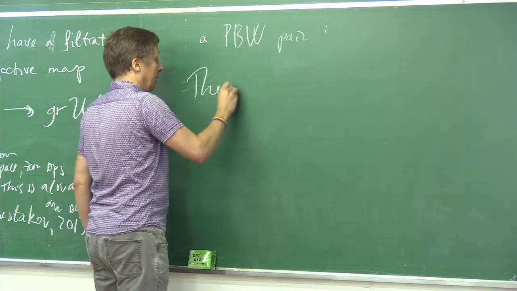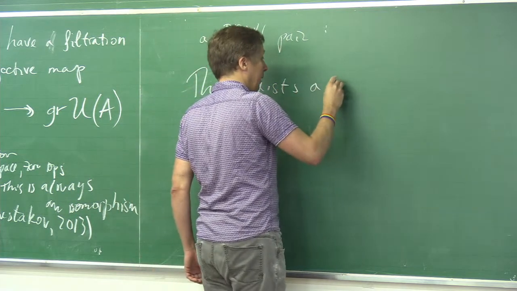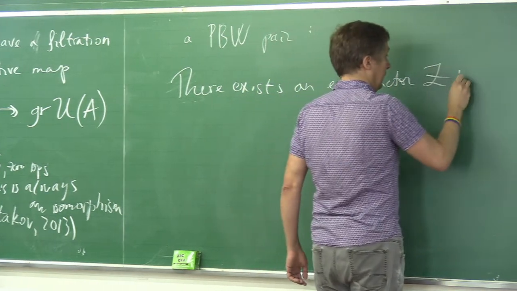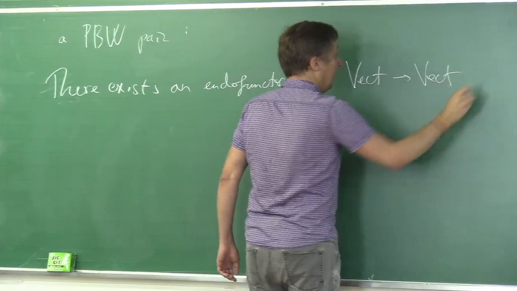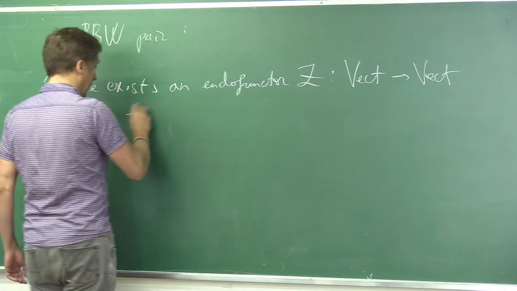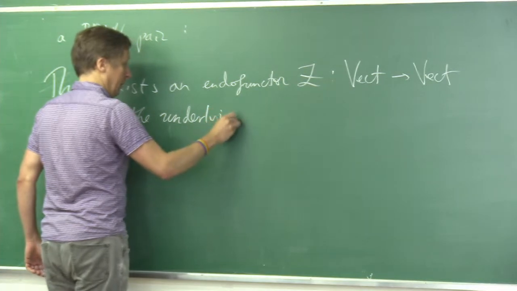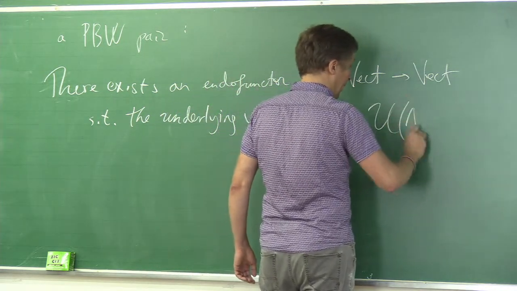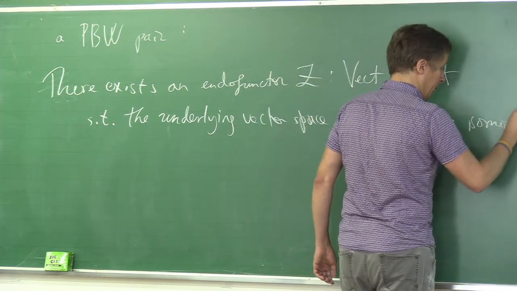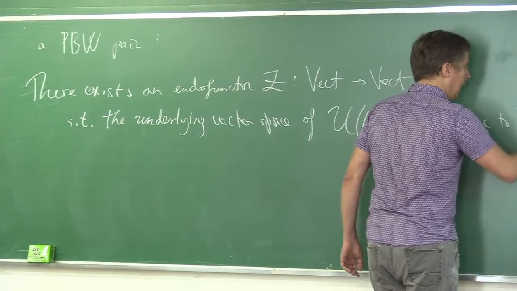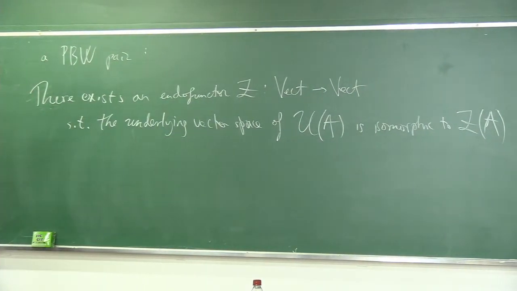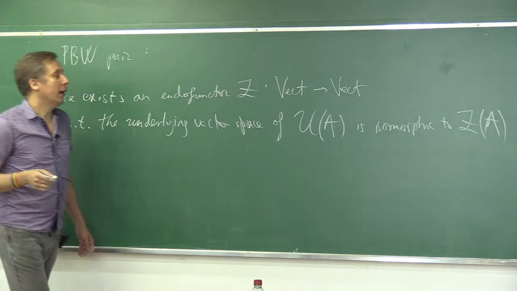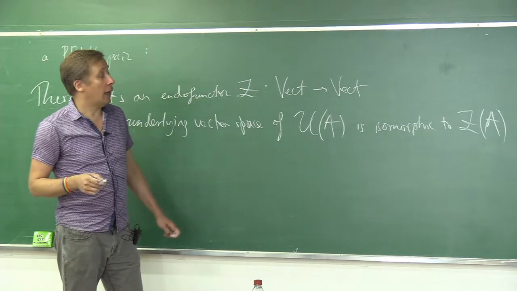There exists a functor Z from vector spaces to vector spaces such that the underlying vector space of U of A is isomorphic to Z of A. Now I need to say isomorphic with respect to what. So functorially, with respect to morphisms of algebras.